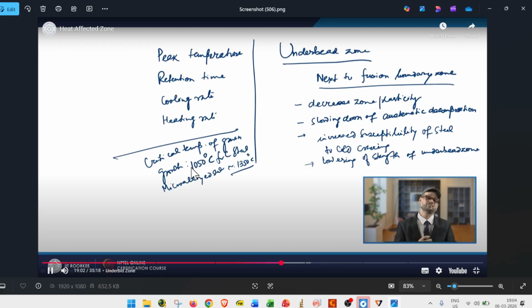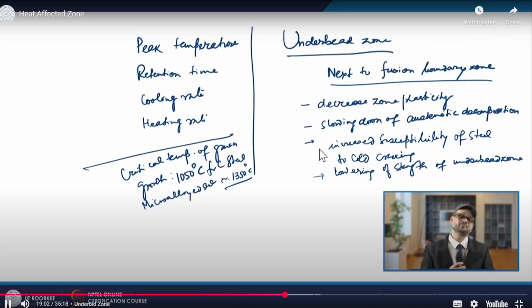Above this temperature, around 1000 to 1050 in the case of steels, grain growth will start happening. So why do we have to provide preheatment? That was for the post heat treatment. For preheat treatment, the reason is decreasing the temperature gradient.